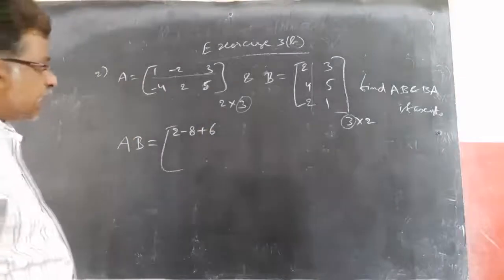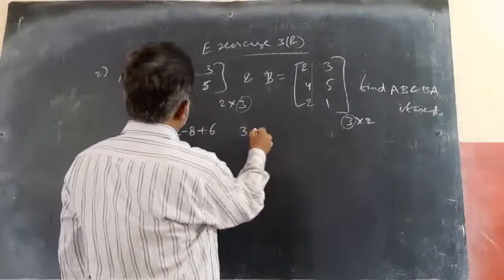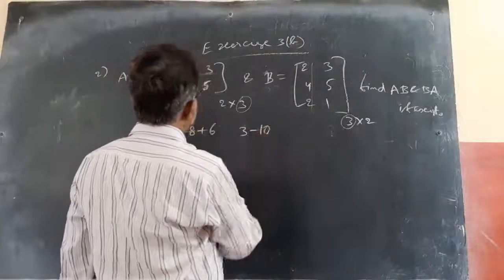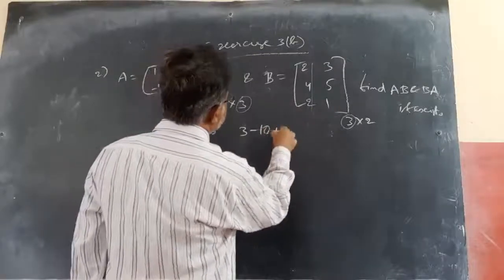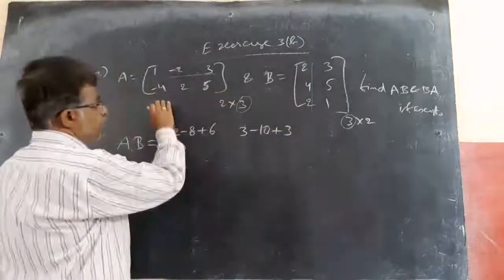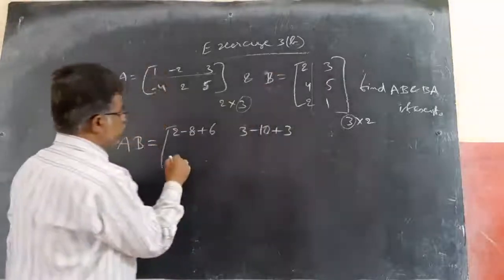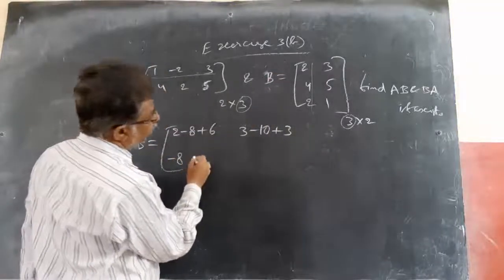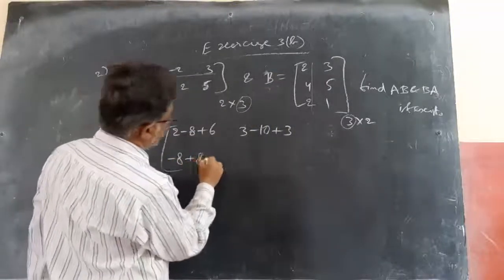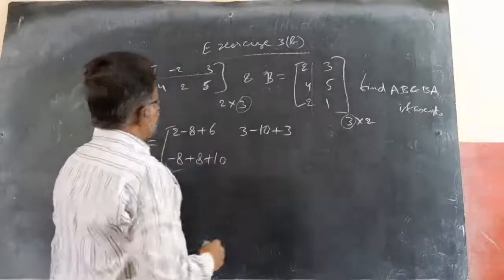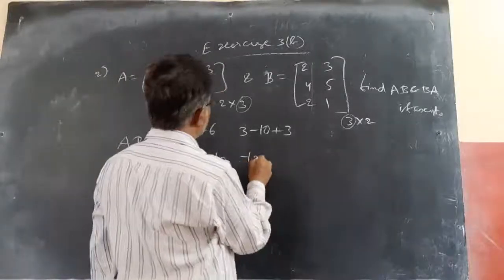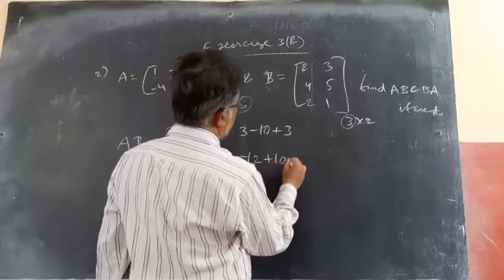First row with second column: 1 into 3, 3, plus minus 2 into 5, minus 10, plus 3 into 1, 3. Then second row with first column: minus 8, plus 2 into 4, plus 8, 5 into 2, 10. And coming to this, minus 12, plus 10, plus 5.